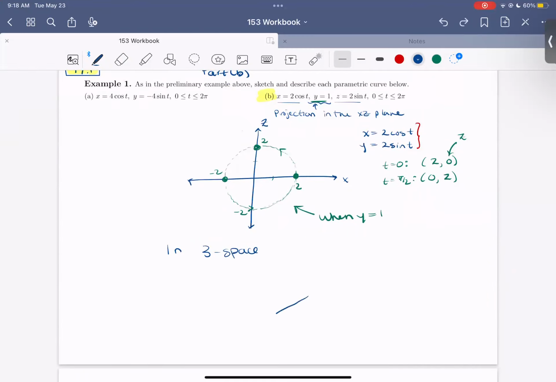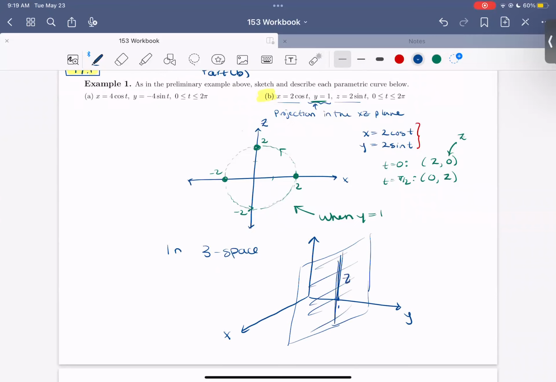We'll do x here, y here, and z up here. We know that y is always going to be at 1. So our curve is going to occur in this plane where y is 1.